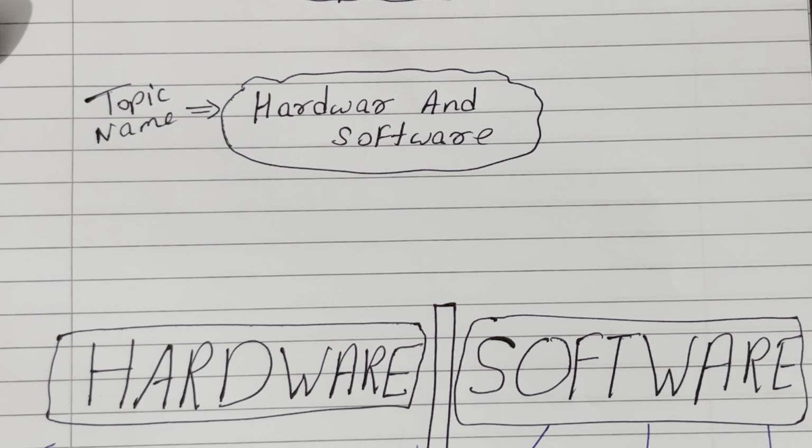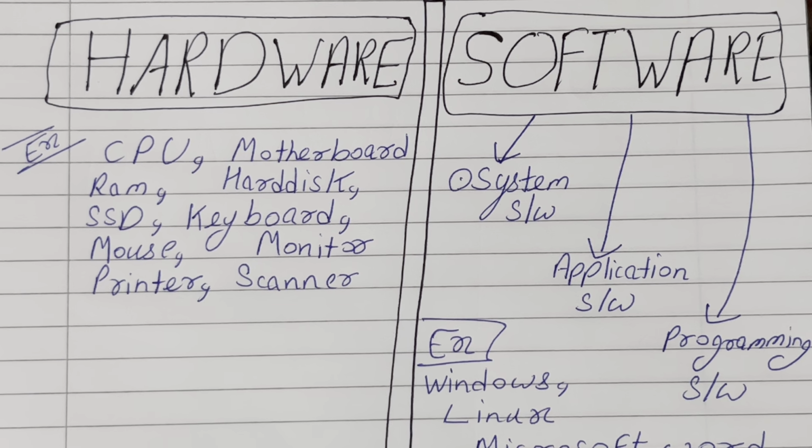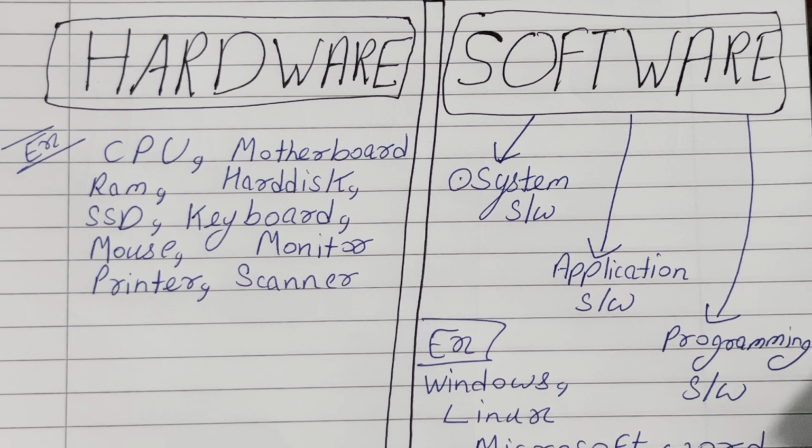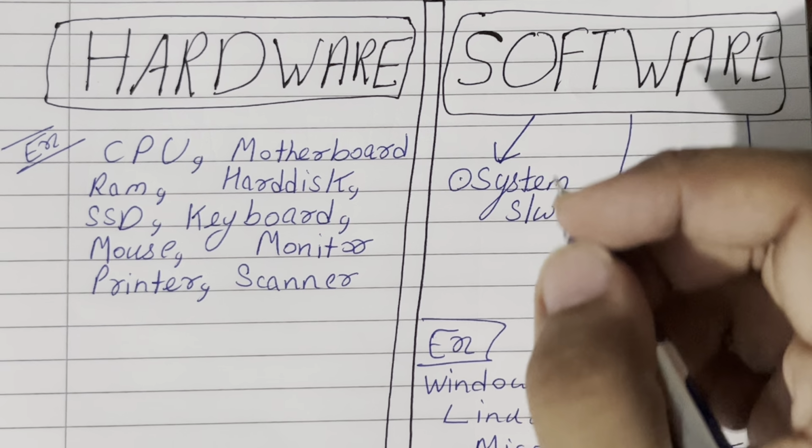Now, let's understand hardware and software in computer in more detail. Guys, let's first discuss hardware and understand its meaning. We can say that hardware refers to all the physical and tangible components of a computer system that can be seen and touched.